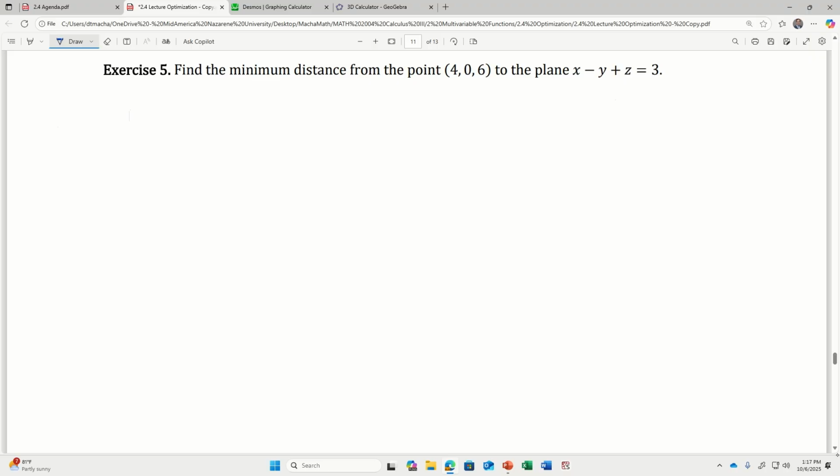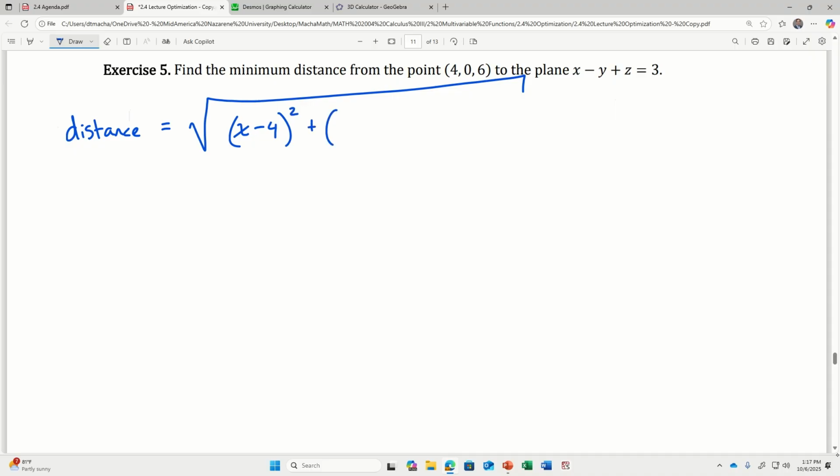Okay, find the minimum distance from the point to the plane. And so here's what I'm thinking. What's my distance formula? My distance formula is going to be the square root of (x minus 4) squared plus (y minus 0) squared plus (z minus 6) squared.